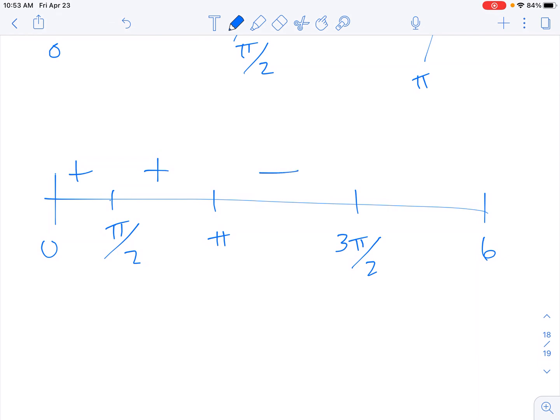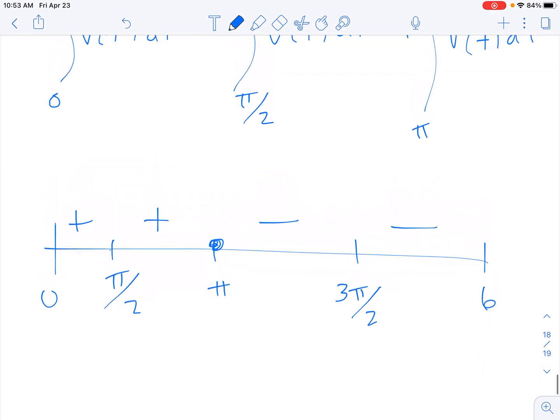Negative, and here plug in 5, and I get negative. So it looks like there's only one changing point. So that makes this a little bit easier.